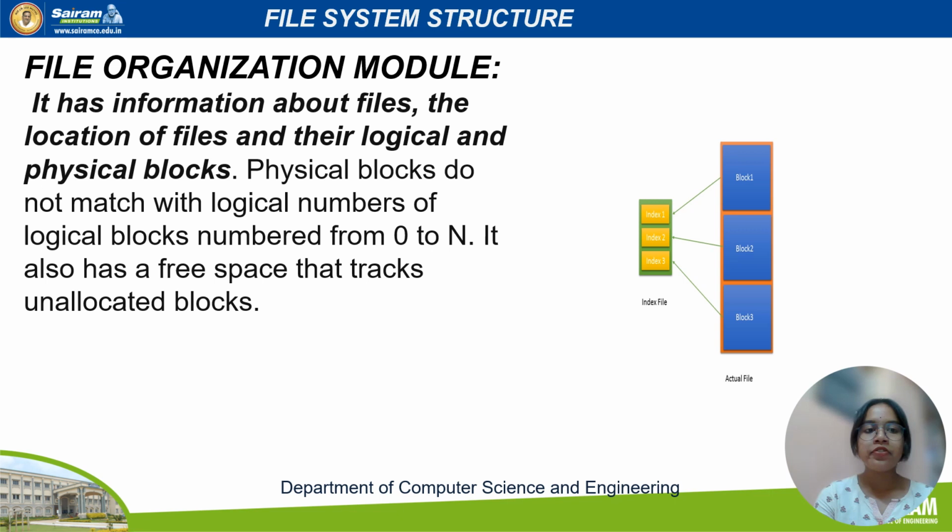Now, the file organization module. As we see here, it has the information about files, the location of the files, and their logical and physical blocks. Physical blocks do not match with the logical blocks, numbered from 0 to n. It also has the free space, tracks, and unallocated blocks.